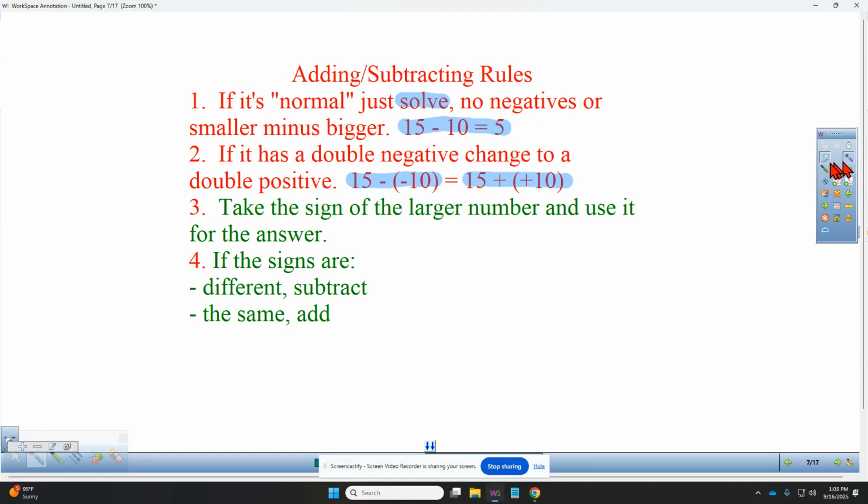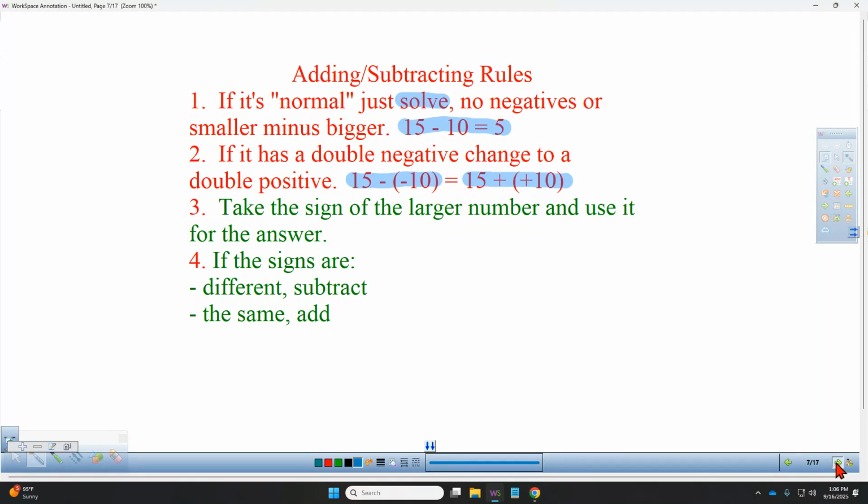Step 3 is the one that we're going to reword a little bit. It says take the sign of the larger number and use it for the answer. Another way of thinking of that might be a little easier for people is, what do we have more of? Do we have more positives or more negatives? And then finally, step 4, if the signs are different, we subtract, and if they're the same, we add.